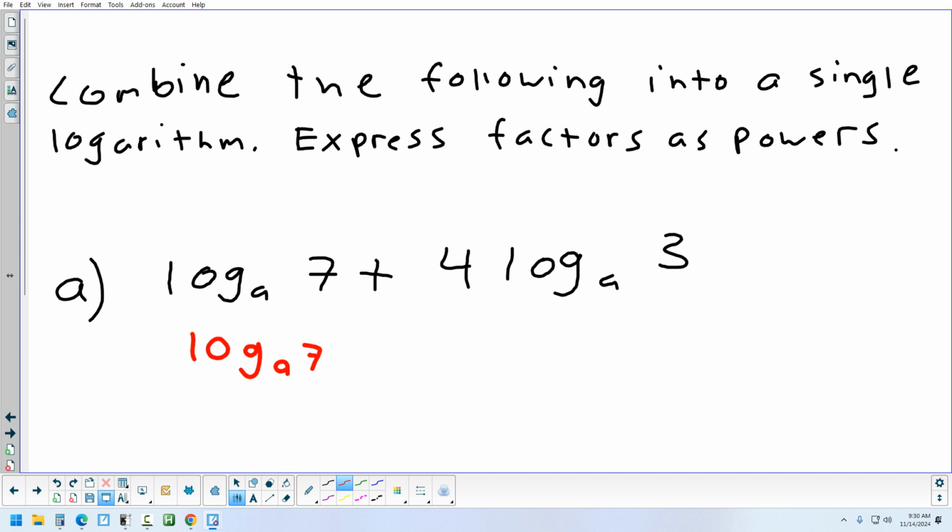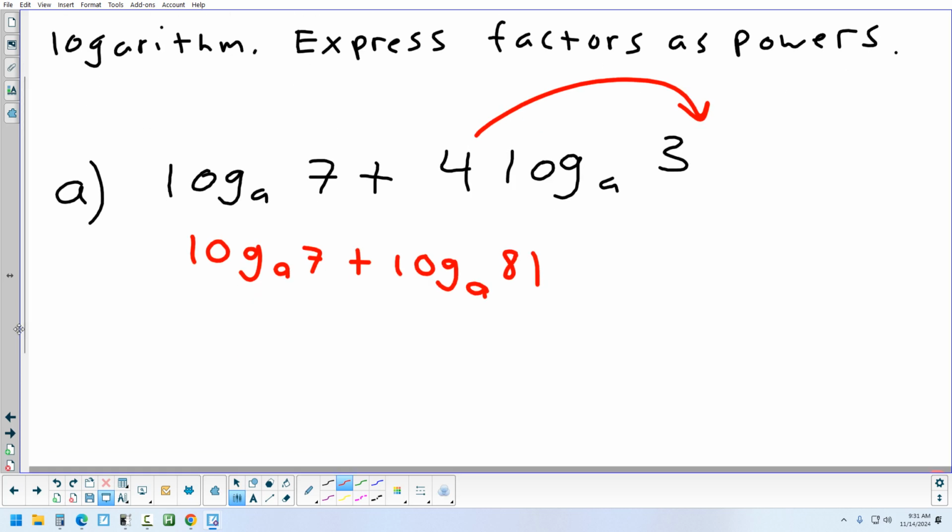Log base A of 7 plus log base A. And if you put the 4 back, what's 3 to the 4th power? Yep. 12. Or no, that's 3 times 4. That's 3 to the 4th power. 9, 81. Yep. So when we put the 4 back on as the exponent, we get 3 to the 4th, which is 81.